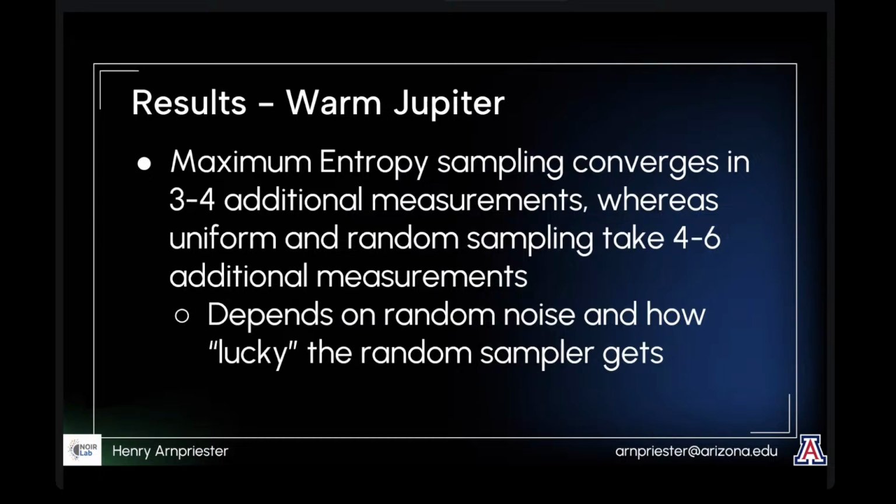Maximum entropy sampling for this warm Jupiter system converges in 3 to 4 additional measurements from your 3 preliminaries, so 6 to 7 in total, whereas uniform and random sampling both take 4 to 6 additional, on average 5 or 6. The 4 depends on the random sampler sometimes getting lucky and guessing the same observation that the maximum entropy sampler does, but it is a possibility.